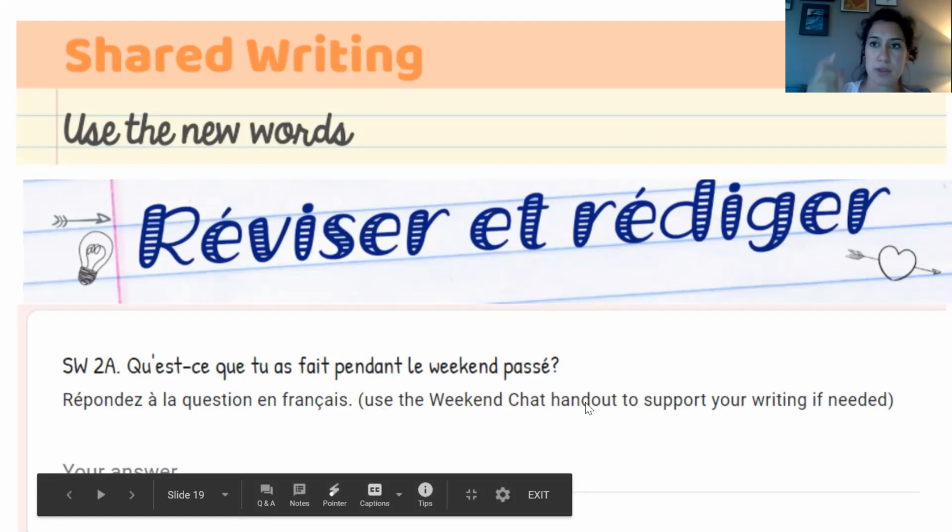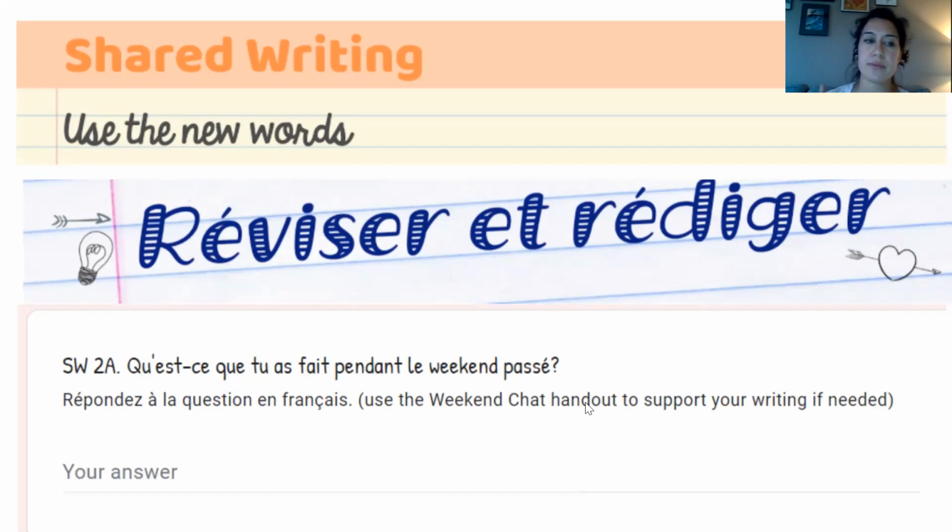So there's a PDF document which is attached. You are looking at the blue writing because that is the passé. So you should always check that the weekend handout has both past tense and future tense weekend chats. And you are talking about le passé. So make sure you're checking which side you're using.